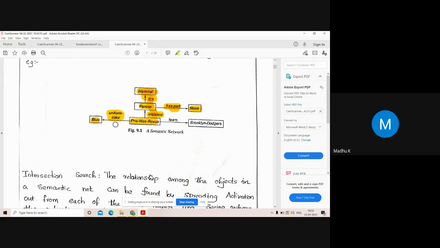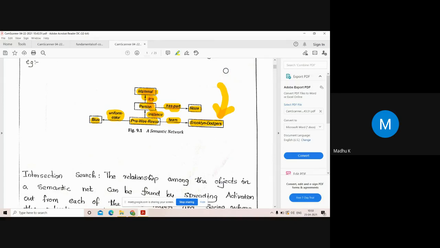We can interpret it like that. Similarly, team is another relation. Which team does this belong to? Brooklyn Dodgers, a team name.